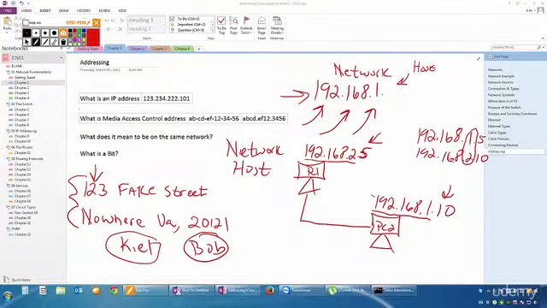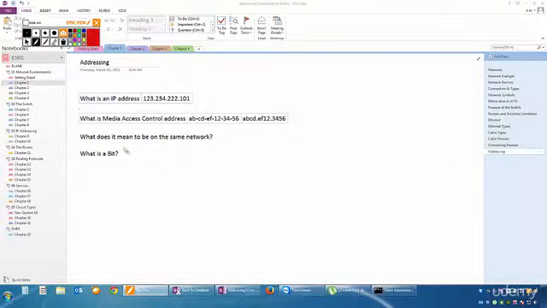Therefore, if our network numbers are different, there's no communication. They're not going to be able to communicate with each other. This is what it means to be on the same network.